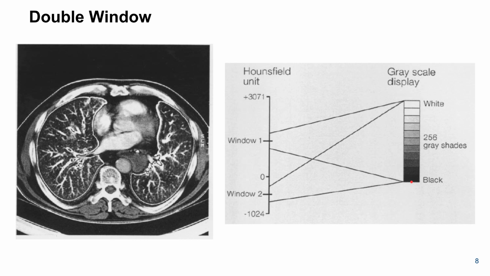So in this image, black can actually represent two different Hounsfield units. Each grayscale level in this windowing system can represent a higher Hounsfield unit value and a low Hounsfield unit.